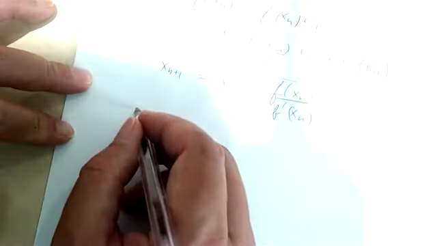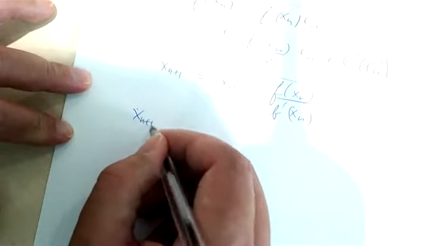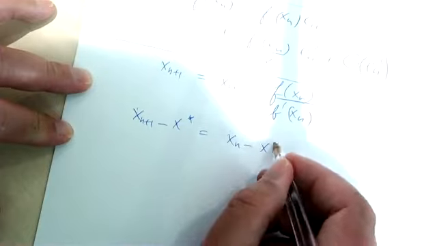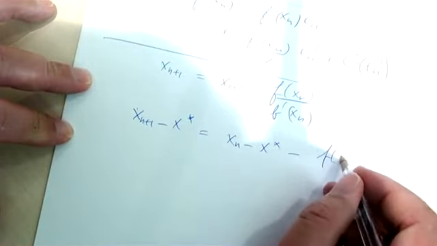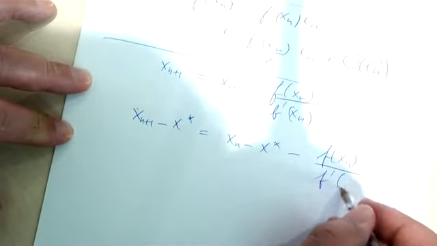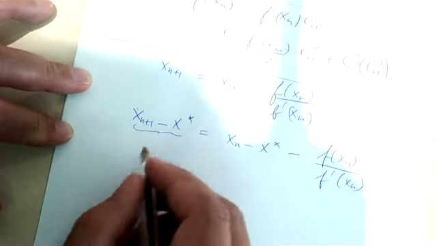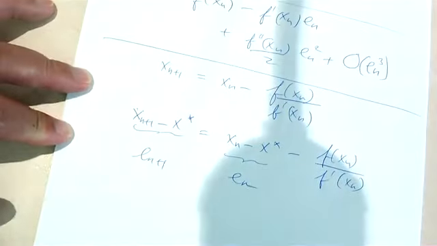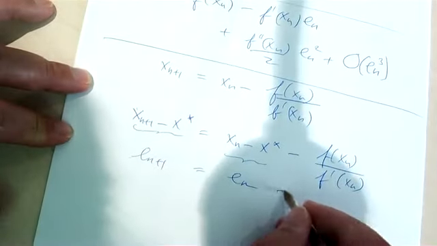Okay, so this is the Newton method. And now you just subtract x star on the left and subtract x star on the right. So this is the same, yeah? Then this is nothing but e_{n+1}, and this is e_n, by definition.